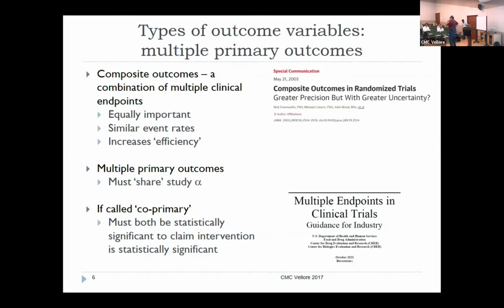You may be overpowering the first one. Yep. So then you may get significance on the first one because you've overpowered it. But see, this is where that interpretation of that delta comes in.